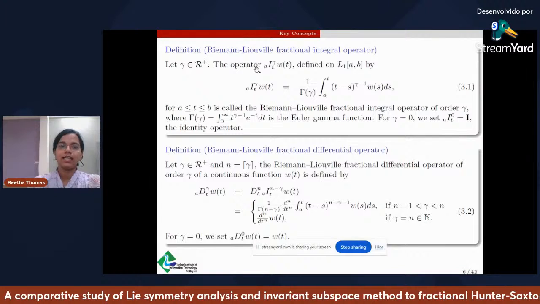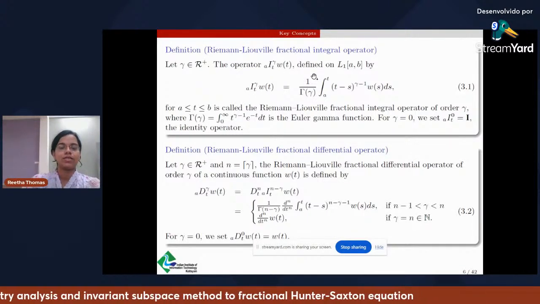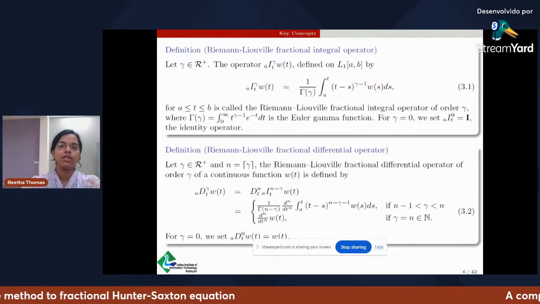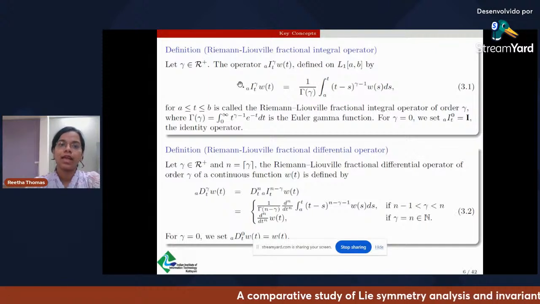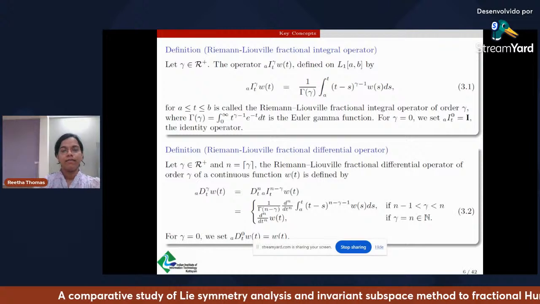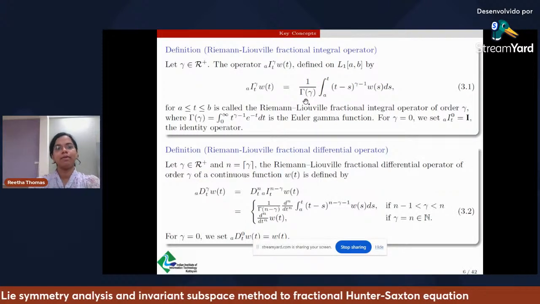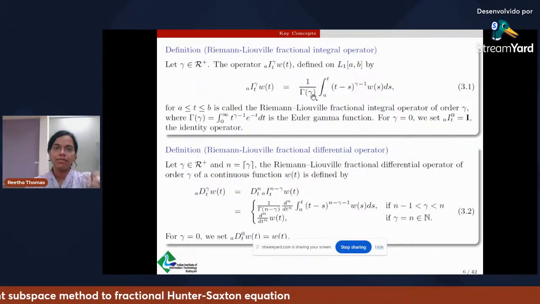If n is an integer, the Cauchy formula is I_t^n w = 1/(n-1)! ∫(t-s)^(n-1) w(s) ds, which is generalized to a real number. n is replaced by a real number, and the factorial can be replaced by Euler gamma function, gamma of n, in the Cauchy formula.